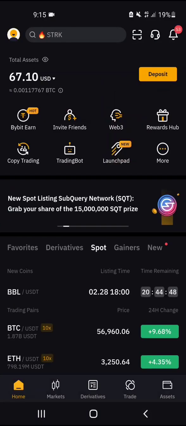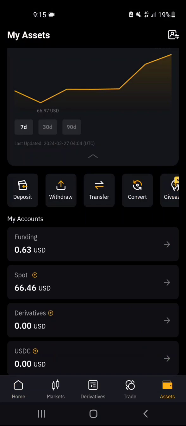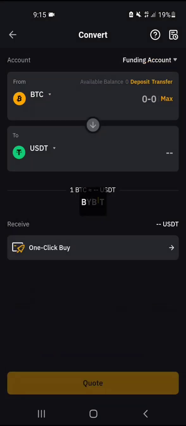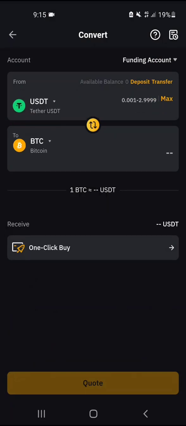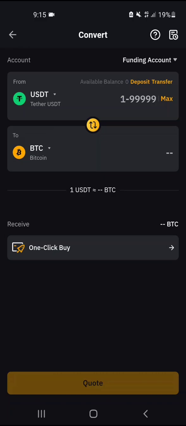If you still don't find it, go to the asset option and tap on convert. Then choose which token you want to convert, from USDT to Bitcoin, as I want to buy.